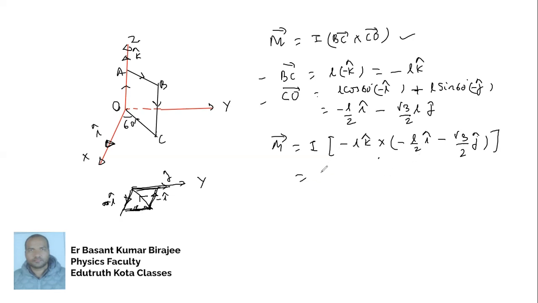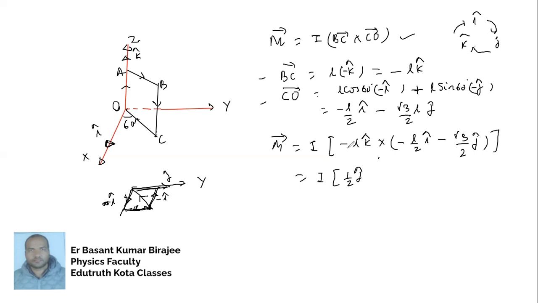So how much will it be? See, minus minus plus. k cross i is j, and the magnitude is 1 into 1 by 2, so 1 by 2 j.